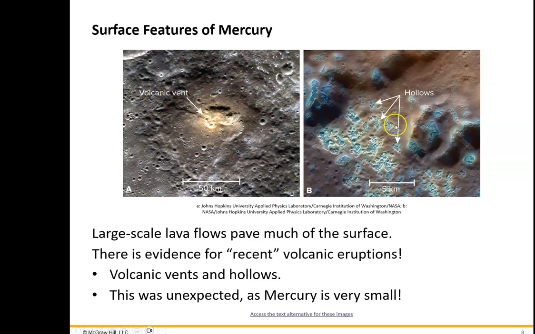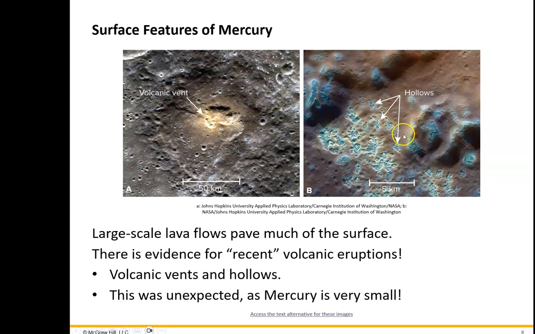So there's an example on the surface of Mercury. These are for the most part shown in false color. You add color to bring out the features a little bit better. We do that electronically, generally just to get a sense. But there are volcanic vents.